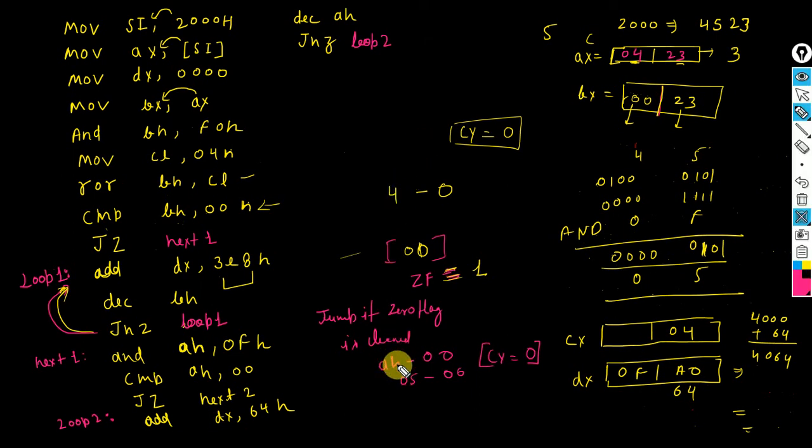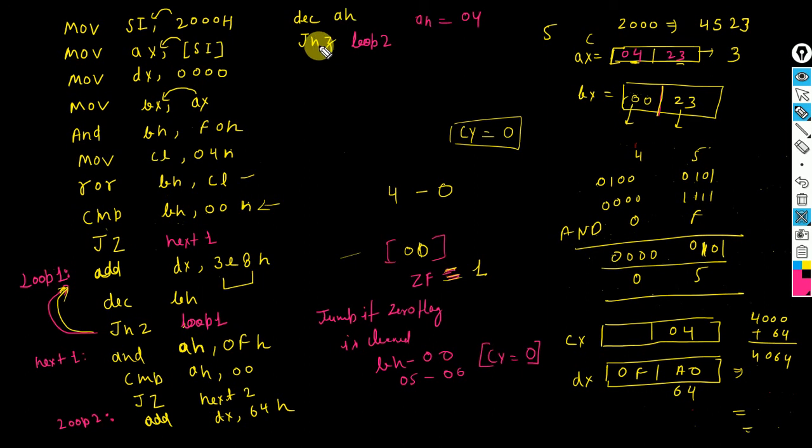Basically, in the previous case we compared the value of BH. In this case we compare the value of AH. AH value is 04 when we execute DEC AH.